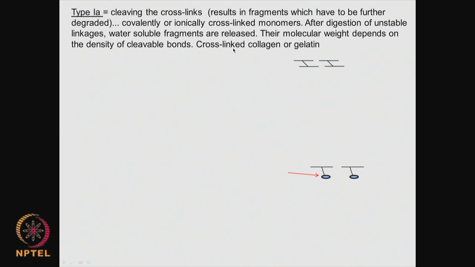So, if I have, say for example, collagen or gelatin which are cross linked, collagen and gelatin may be water soluble, but the linkages prevent them from degrading or water solubilizing. So, once the linkages disappear, then the remaining portions could be soluble. Okay. So, that is called a type 1A degradation.